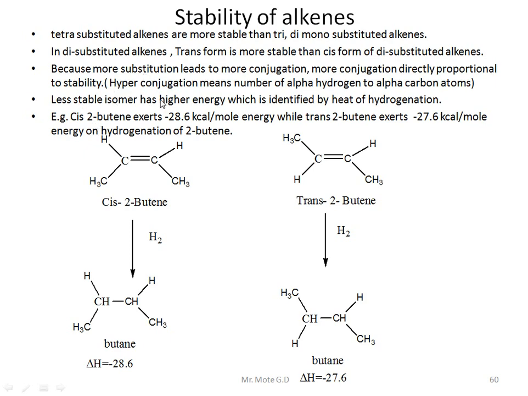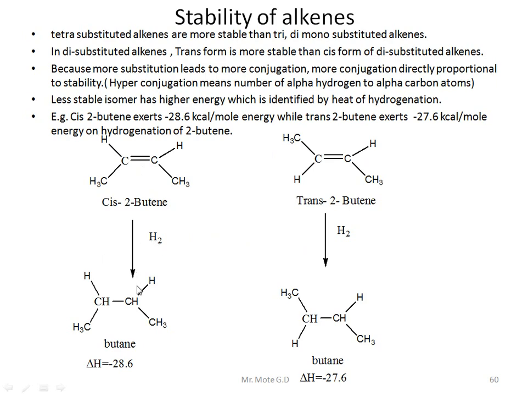Then less stable isomers have higher energy, which is identified by the heat of hydrogenation. We'll have one example. Cis-2-butene and trans-2-butene are treated with hydrogen in presence of nickel.